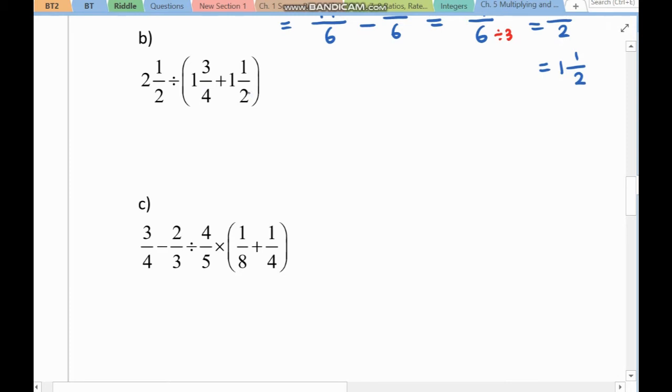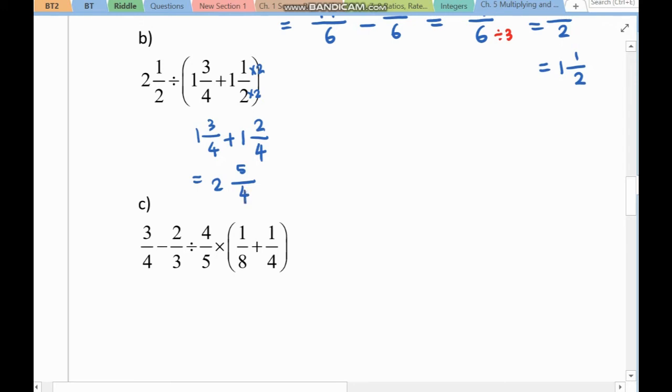So let's make the common denominator by multiplying by 2. So 1 and 3 over 4 plus 1 and 2 over 4. Okay? And let's add them up. 1 plus 1 is 2. 3 plus 2 is 5. And the denominator is 4.